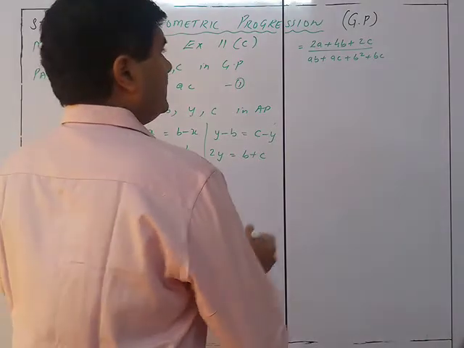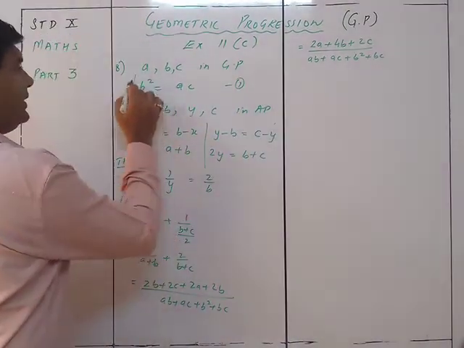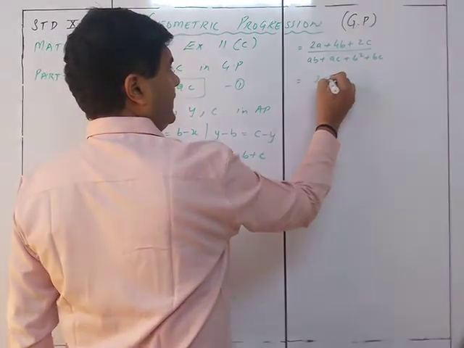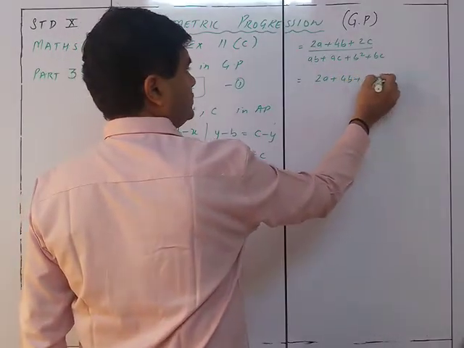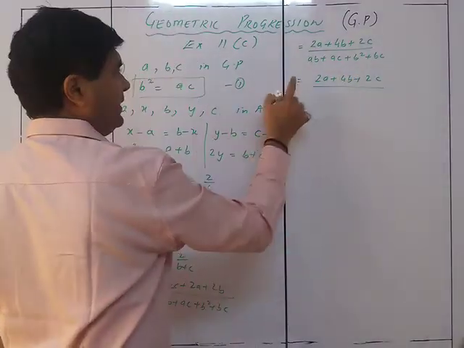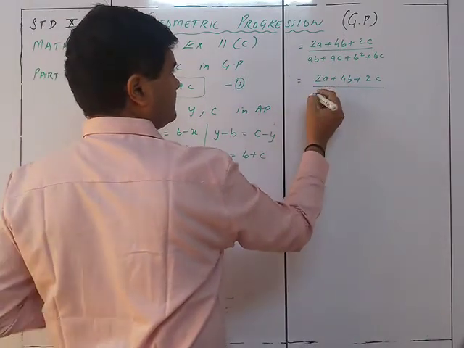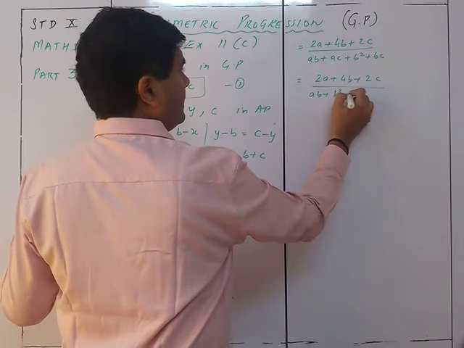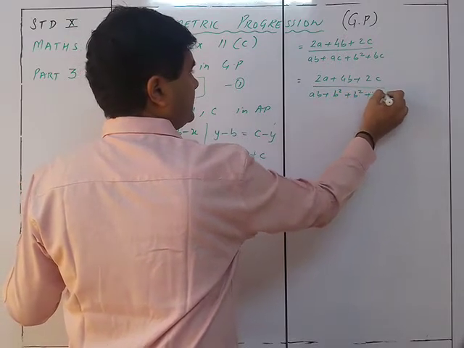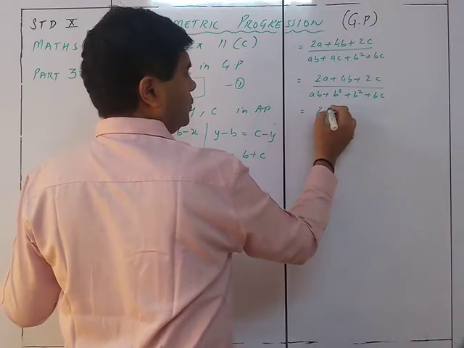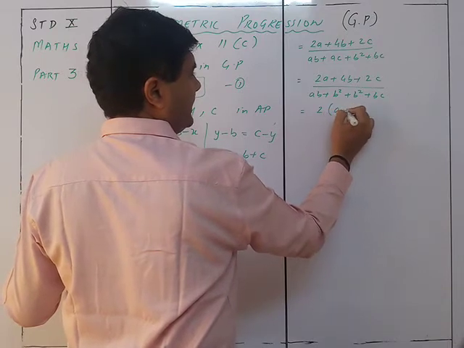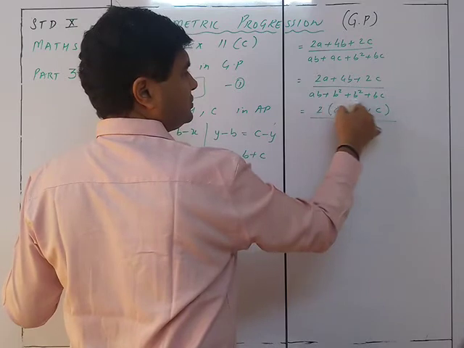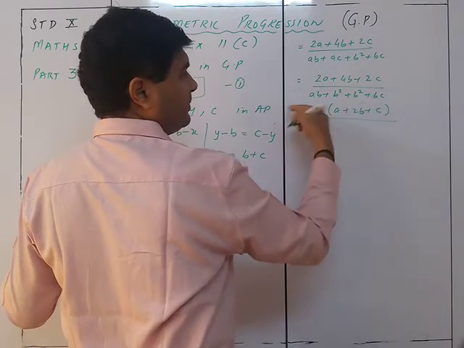Okay, now let's put this particular thing into the formula. So we have over here 2A plus 4B plus 2C upon AB, we keep it as it is. So AB, AC is B square plus BC. So that will be 2 bracket A plus 2B plus C upon, here it is 2B square, so B will be common.